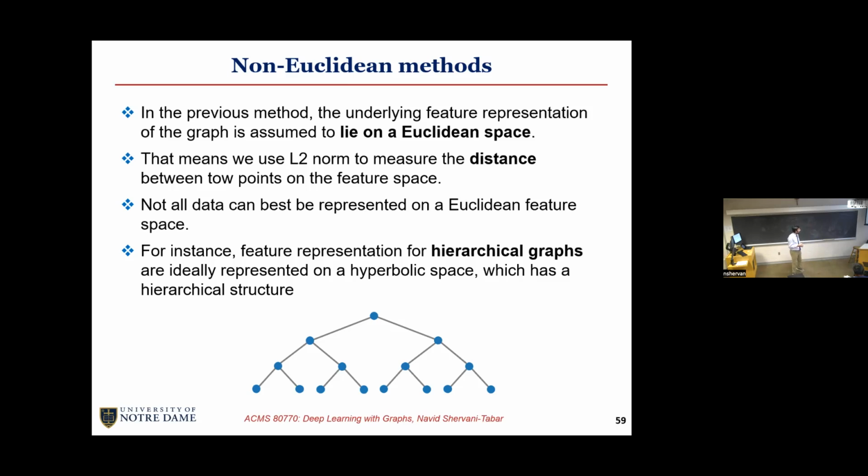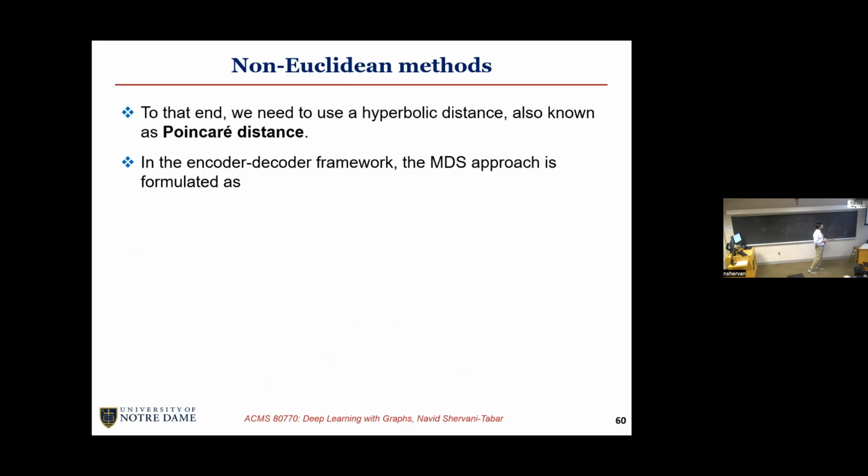And for that, what we need to do is to use the measure of distance that corresponds to the distances between embeddings in that hyperbolic space. So there's a model called the Poincare ball, a hyperbolic ball, and you consider that as the space of your feature representations.